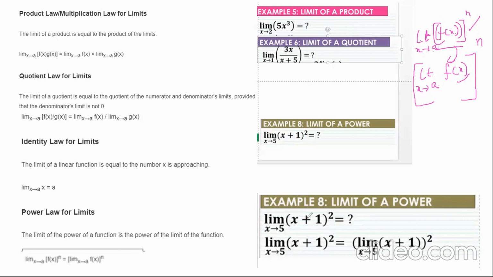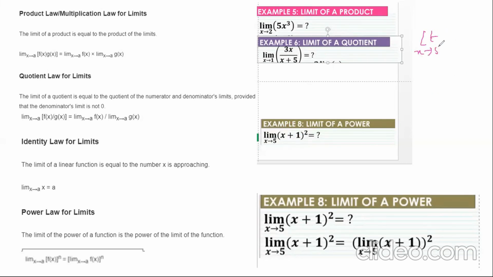Let us take one example: limit x tends to 5 of (x plus 1) whole square. What do you do for this? I can put the limit for the total thing, whole square.